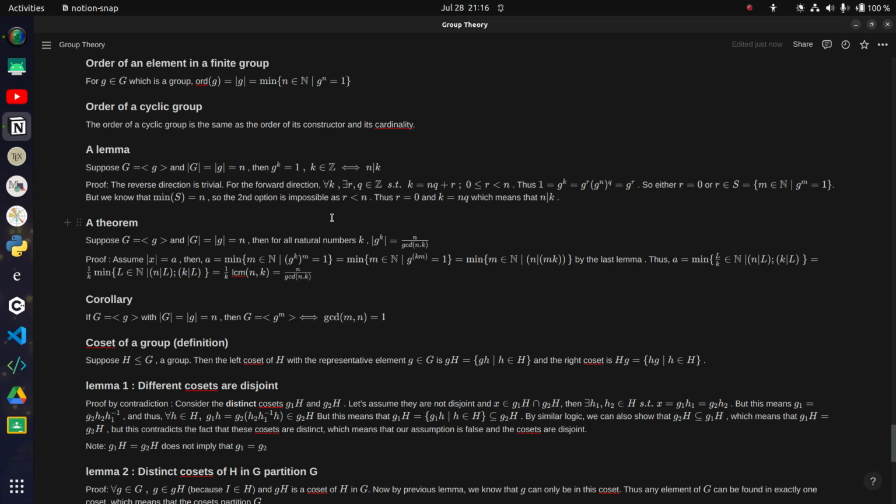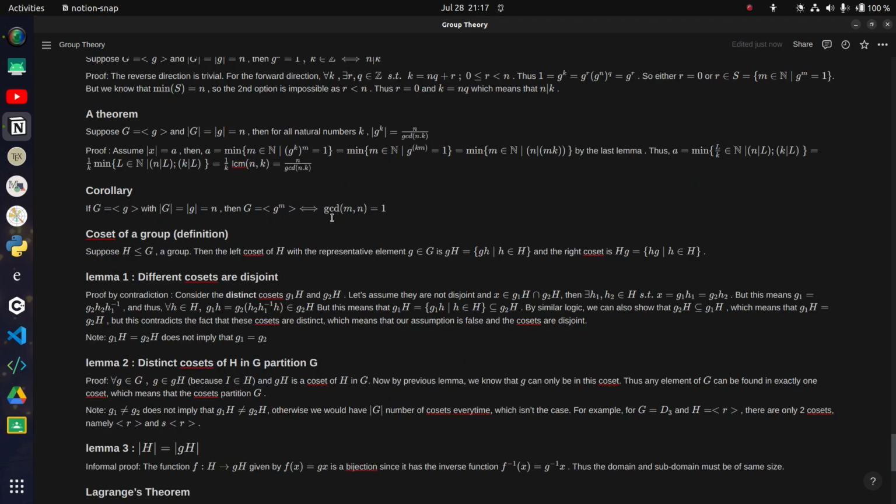Now mk is a multiple of k pretty obviously, and it's also a multiple of n. So the minimum such number would be L, the LCM, and from L you can easily get m as L upon k. So you basically get 1 upon k times LCM of n and k, because that's what mk will be. And you can write that as n upon GCD of n and k, using the fact that LCM times GCD is just the product. Cool.